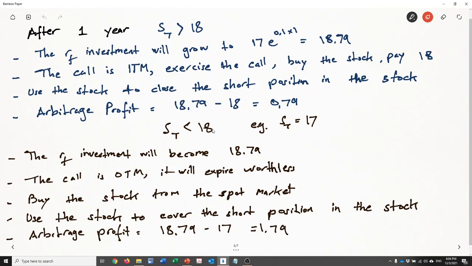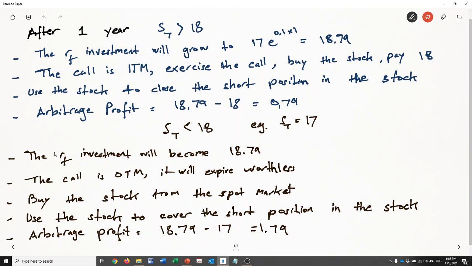Okay, that's the case when the option expires in the money. What if the option expires out of the money? Let's say ST is less than 18, so let's take for example a price equal to 17. My risk-free investment will become 18.79, so that will not change, but the call option will be out of the money, which means it will expire worthless, so it doesn't make any sense to exercise the call option.